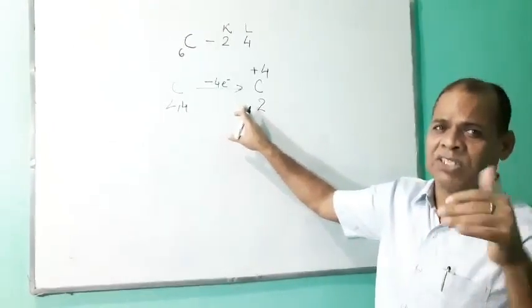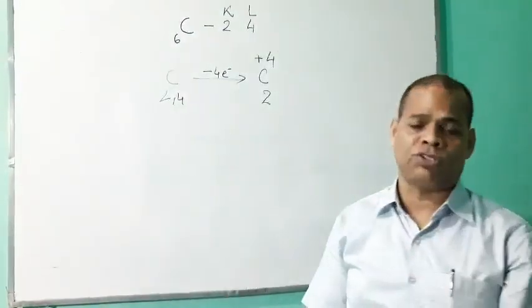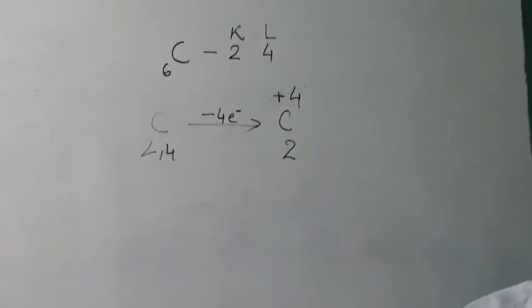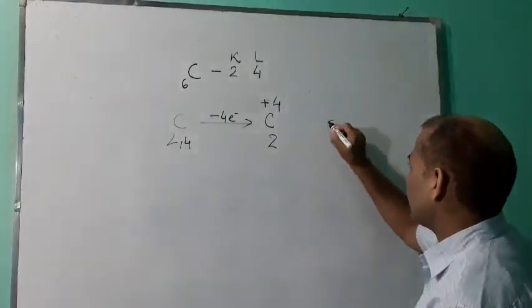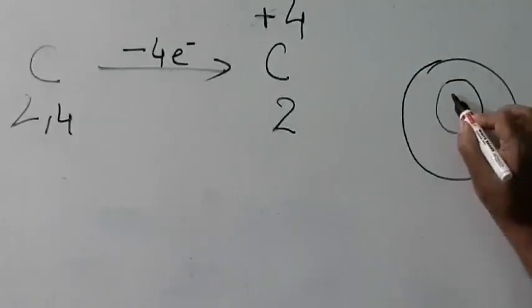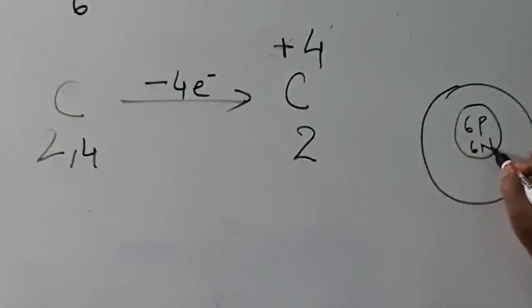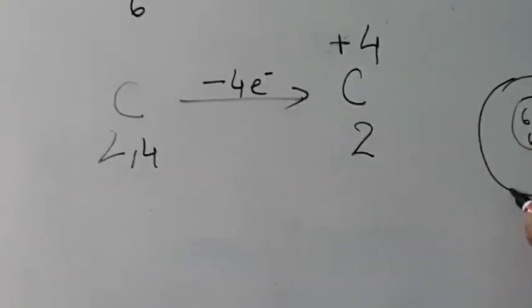But at the same time, carbon has 6 protons in its nucleus. Carbon has 6 protons, 6 neutrons, and in its shell only 2 electrons.